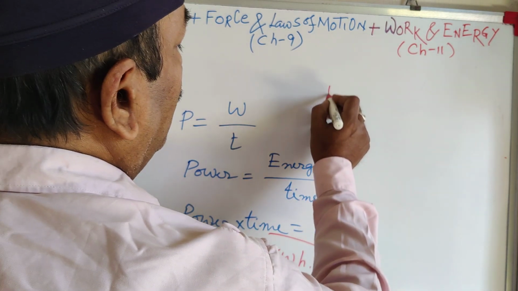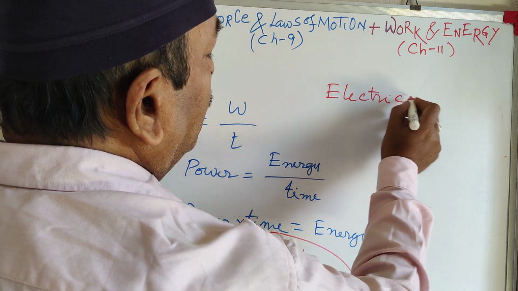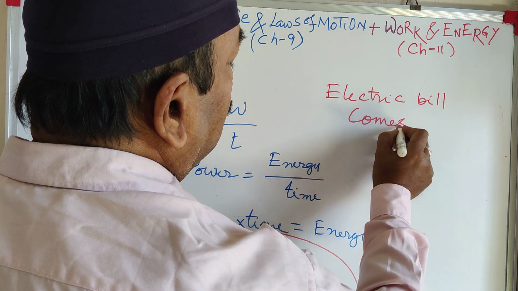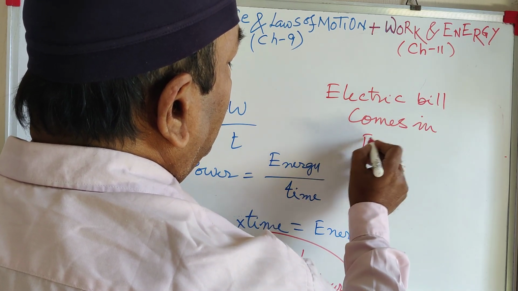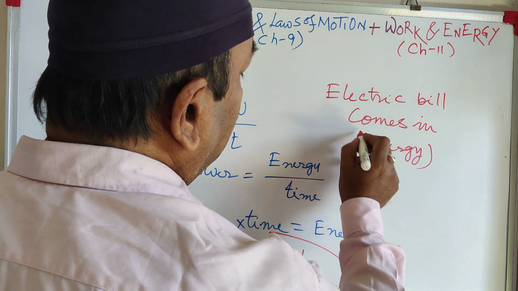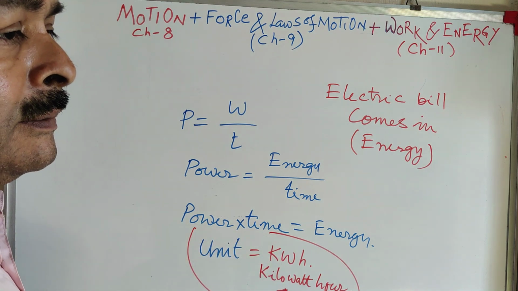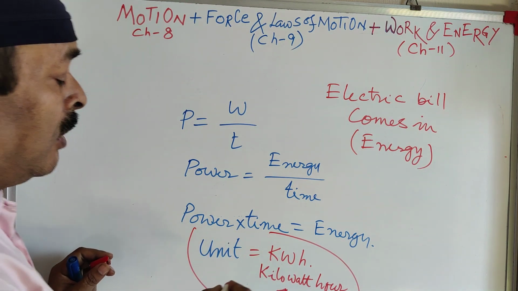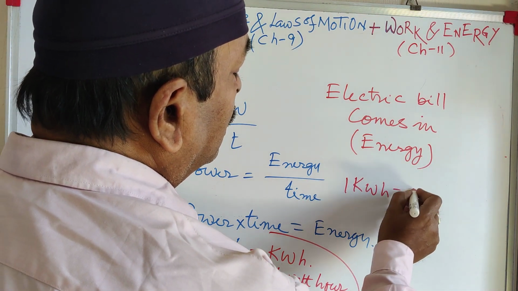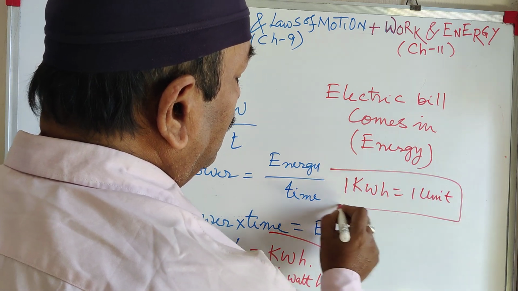Our electric bill comes in energy only. How much energy you have consumed? Energy only, because power into time is energy. So 1 kilowatt hour is equal to 1 unit. Okay.